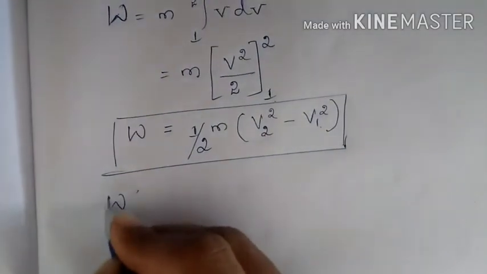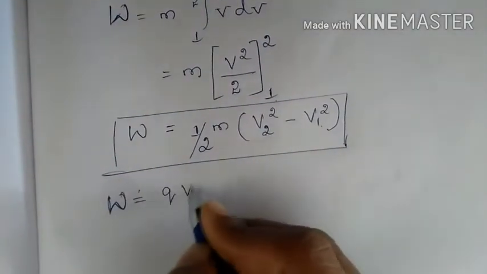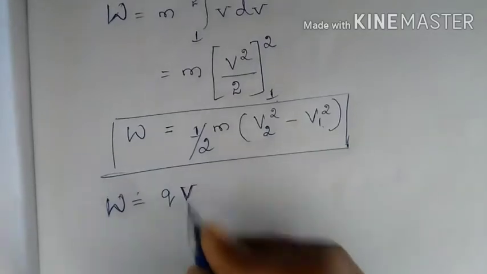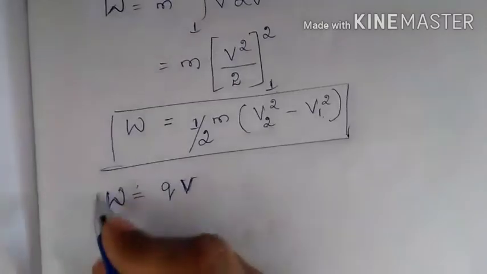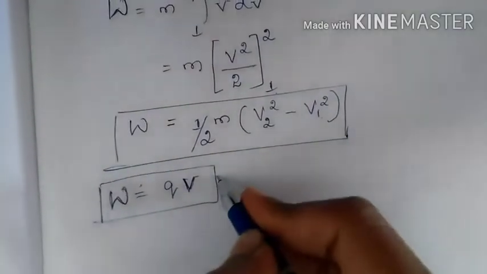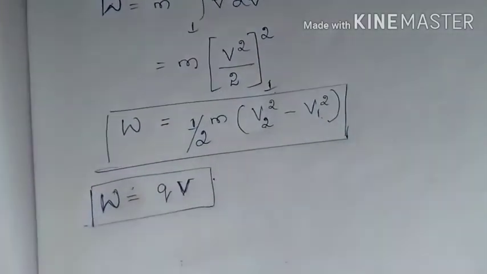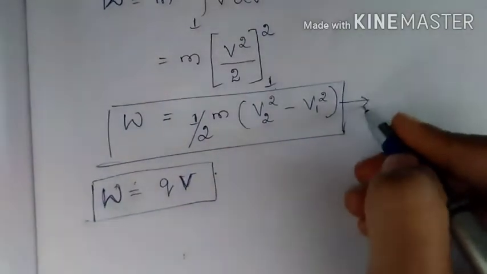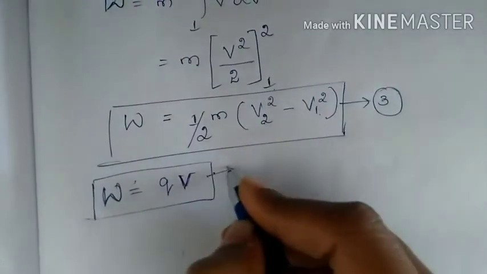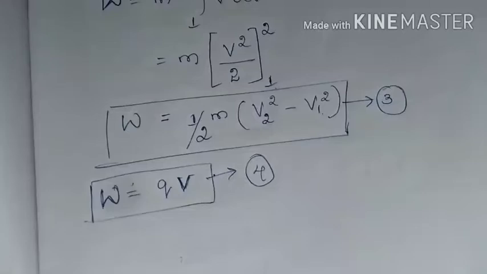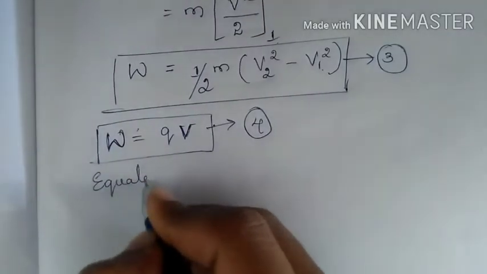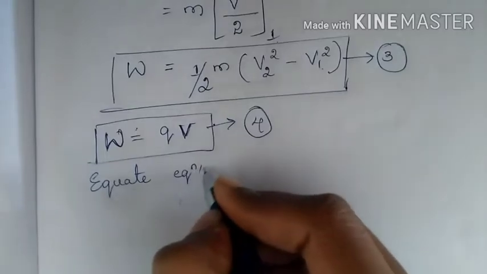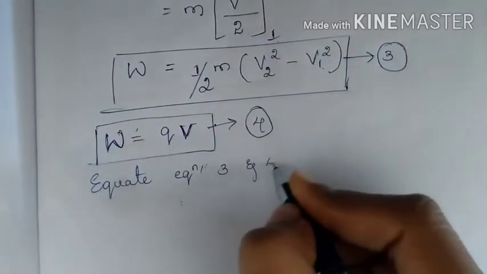We know that work done is equal to Q into V, where V is potential. Now let us equate these two equations. The last equation was equation number 2. Let us call this equation number 3 and this equation number 4. So equate equation 3 and 4.